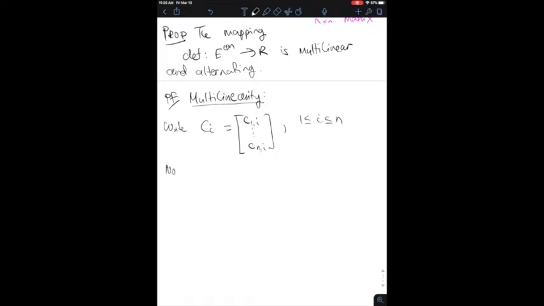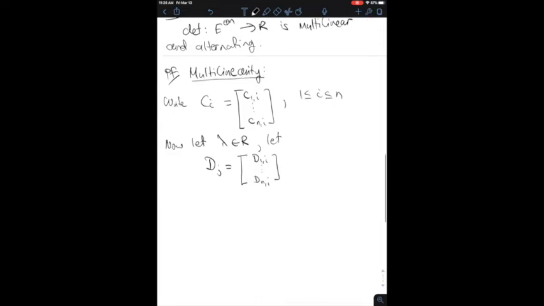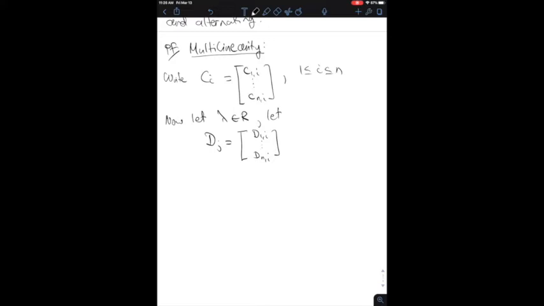Now let lambda be some scalar in R, and let dj be some additional column vector. Okay. So what we have to do is evaluate the determinant in the jth entry.